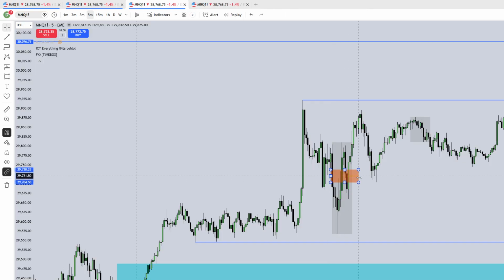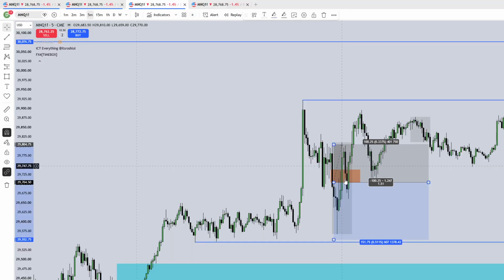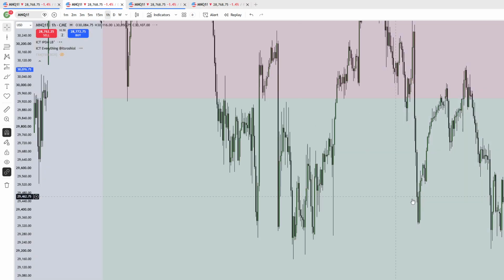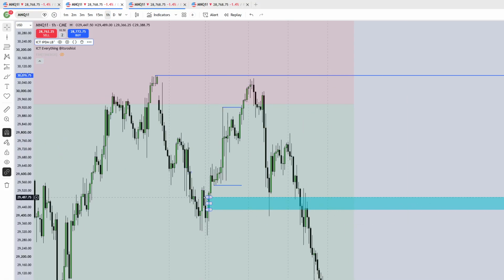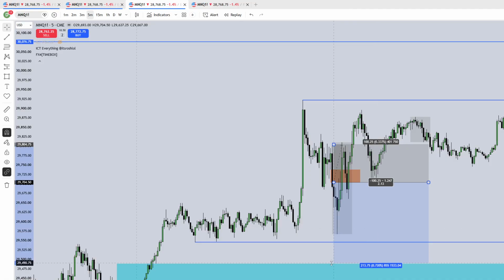So I took this short here, and I was targeting this BISI here in discount. So it looked like that.